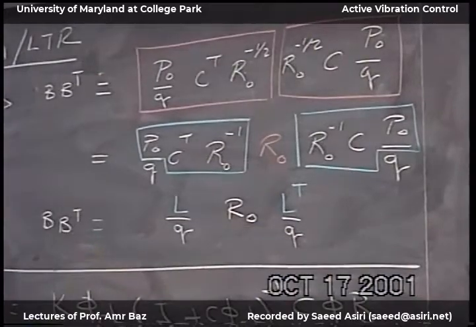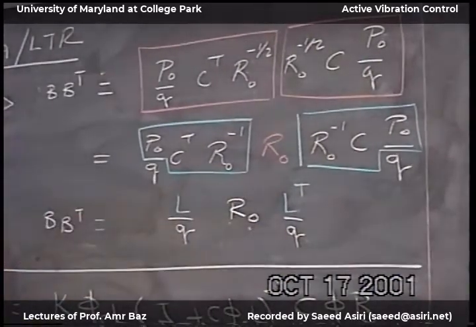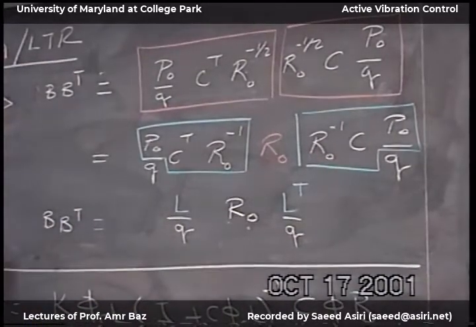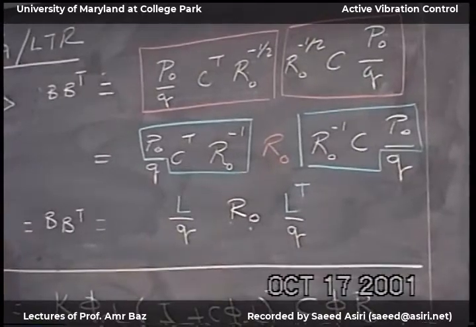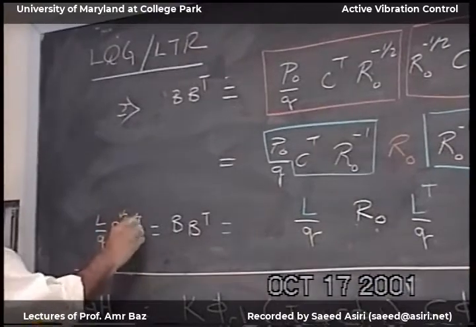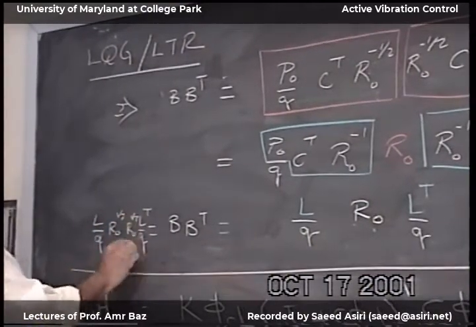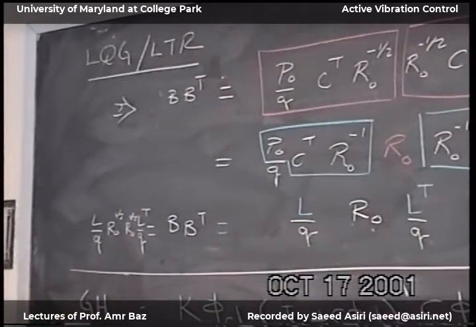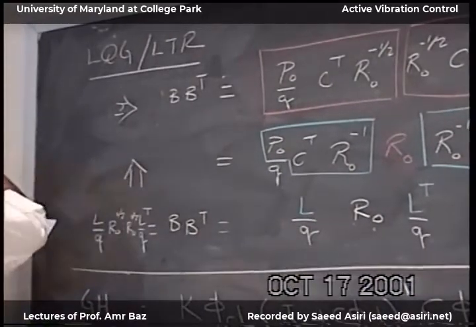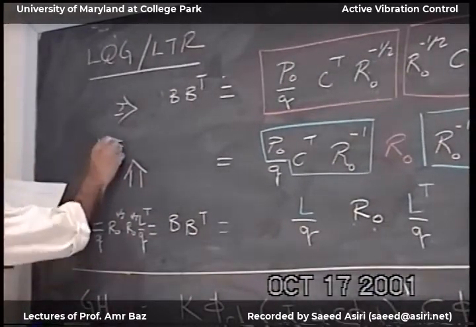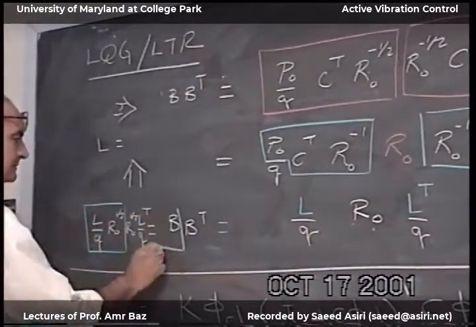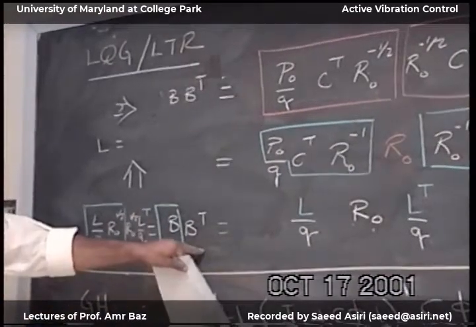Now I'm going to break this R0 into R0 to the power 1/2 times R0 to the power 1/2. This will equal to L over Q R0 to the power 1/2 over Q. And then from here we can determine the L. So the L will be this term, and the B, this is the transpose of it.